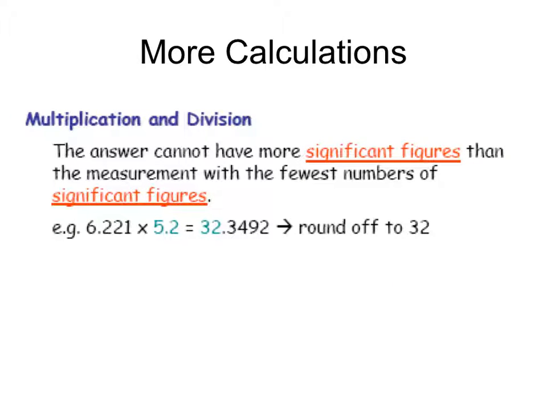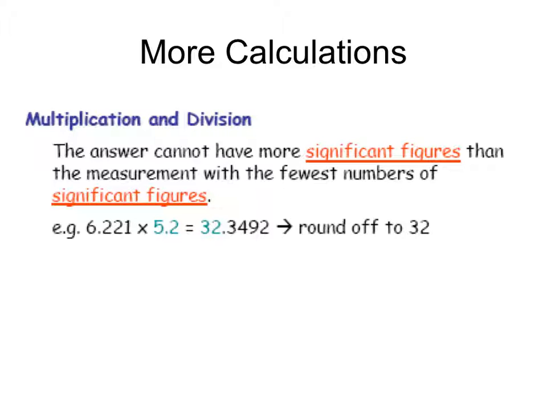So, of course, there's a different rule when it comes to multiplication and division because there's always a different rule when it comes to multiplication and division. So this is the time when it's really important that you know how many significant figures are in your measurement.